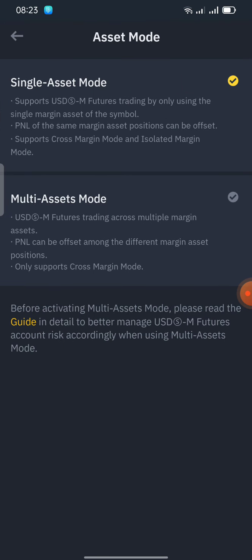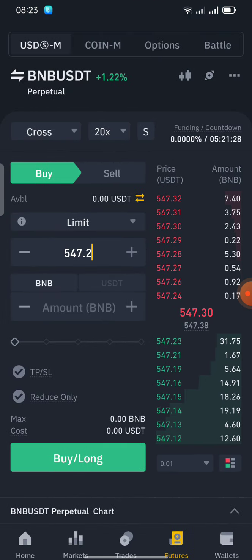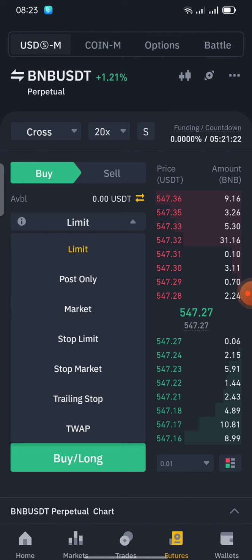Okay, and this is single asset, multi-asset mode. So here you want to buy, so buy first. This is limit.